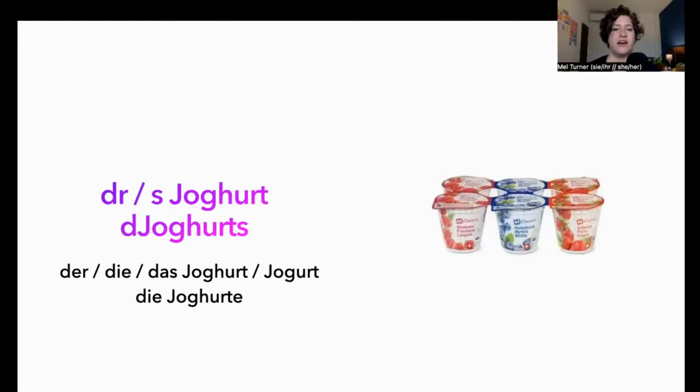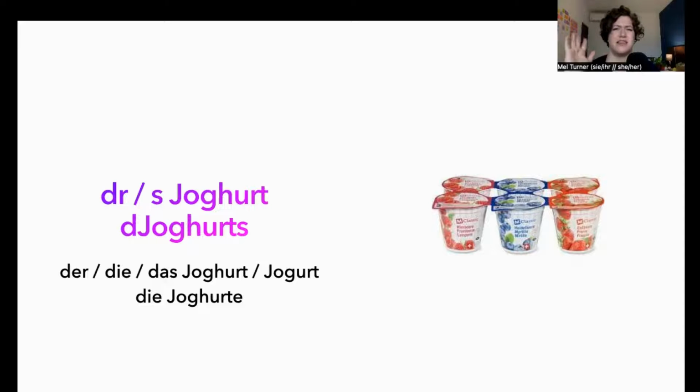The Rahm, die Sahne. And then a very funny word in High German and so in Swiss German is yogurt. Because yogurt can be spelled with an H or without an H, and they're both right. And yogurt has three genders. I looked it up in Google, in Duden.